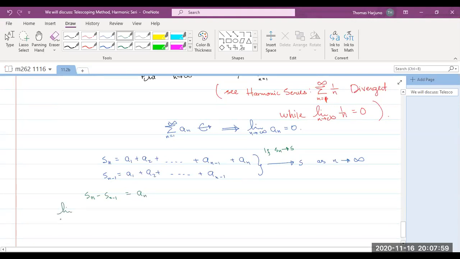Now, applying the limit as n goes to infinity of S_n minus S_{n-1}, that's the same as the limit as n goes to infinity of a sub n.